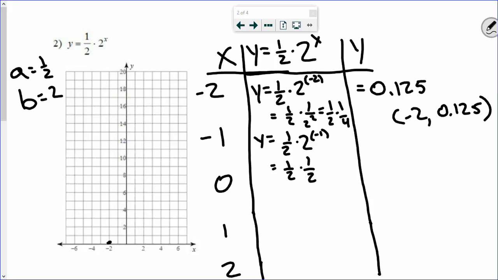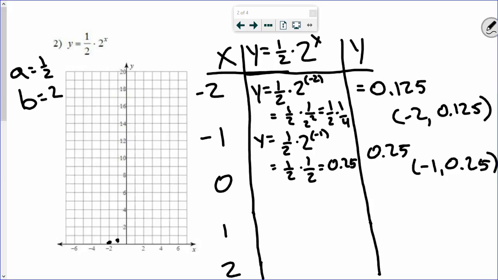So this is 1/2 times 1/2, which is 1/4, or 0.25. So my ordered pair is (-1, 0.25). Over to our graph, we go out to -1 on the x-axis, up 0.25 on our y.